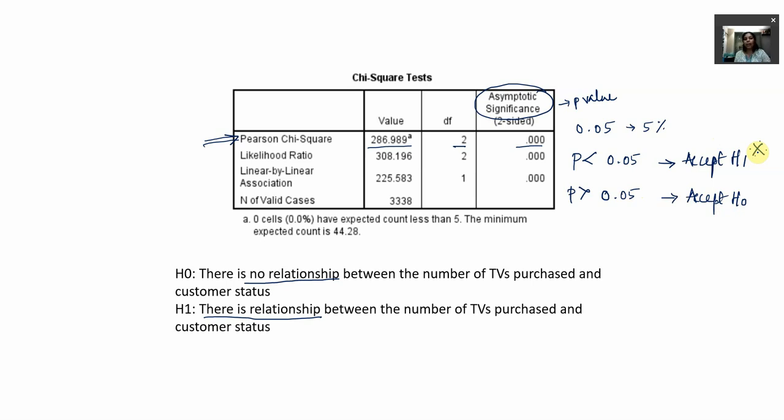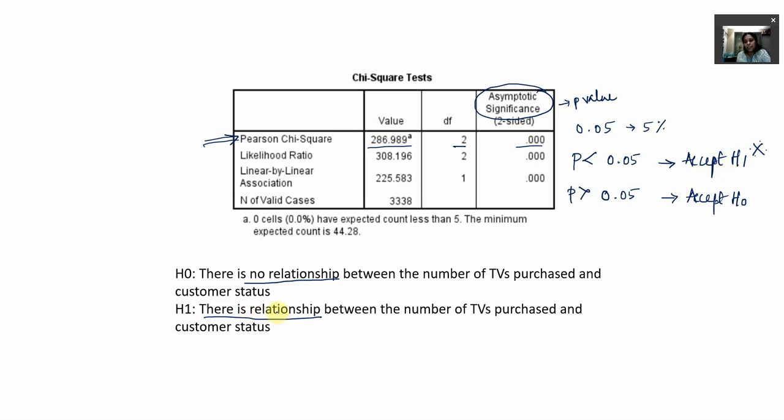Now let's look at what our p-value is. So if you can see the Pearson chi-square, the p-value is 0.000. Now 0.000 is less than 0.05. So we can say that we can accept our alternate hypothesis. And what is the alternate hypothesis?